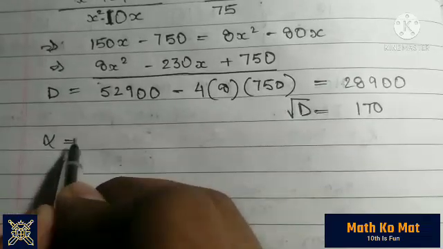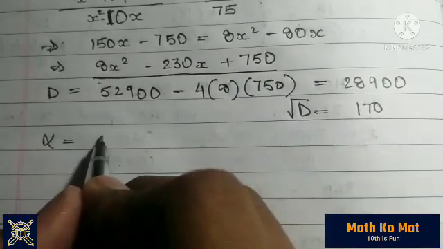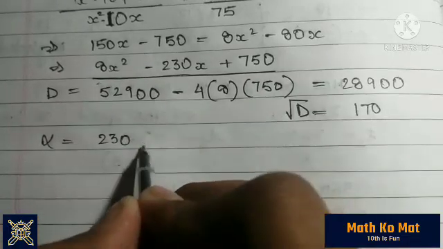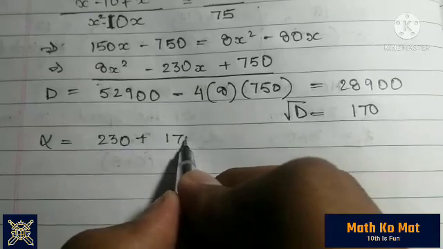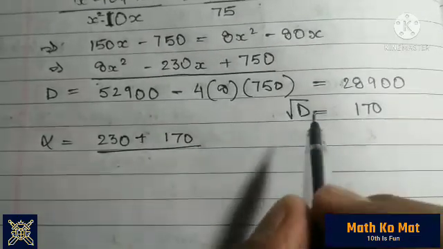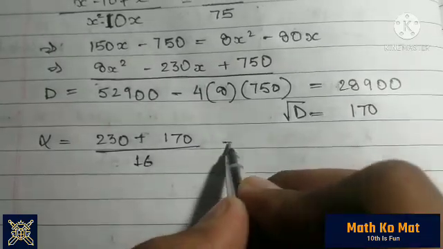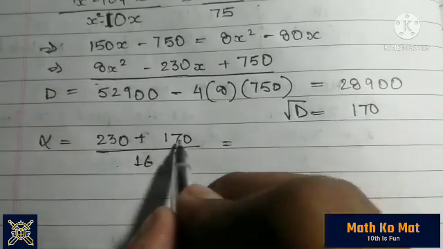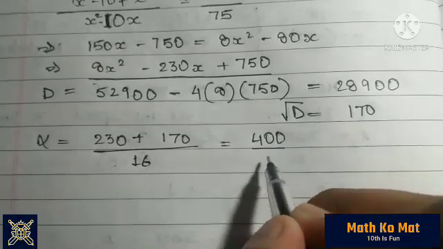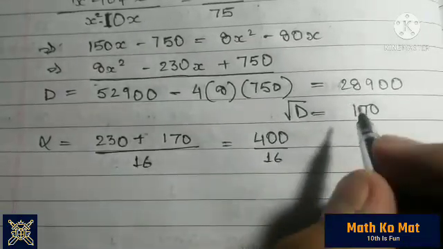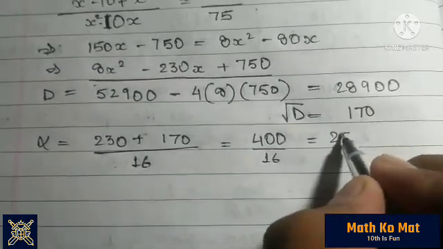Alpha is equal to minus b, minus of minus 230, so 230 positive, plus root D, 170, divided by 2 into a, that is 16. 230 plus 170 makes 400 by 16, and that gives us 25.